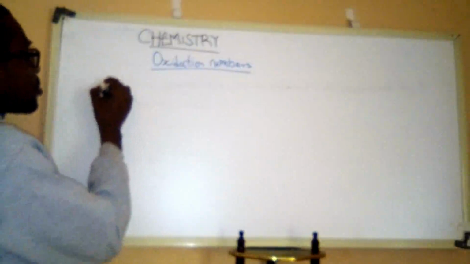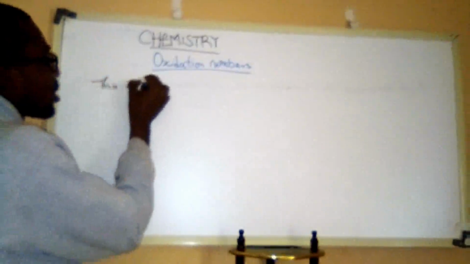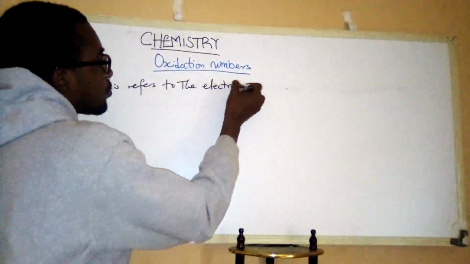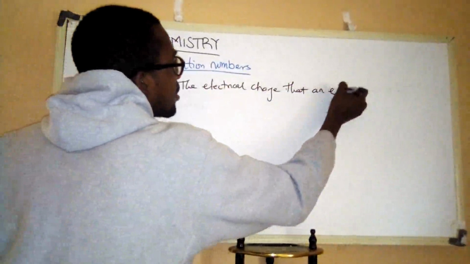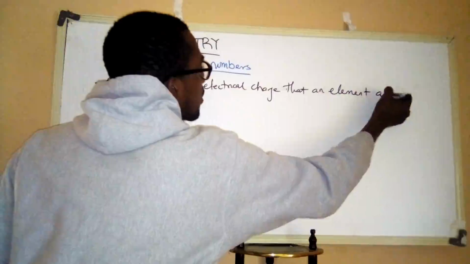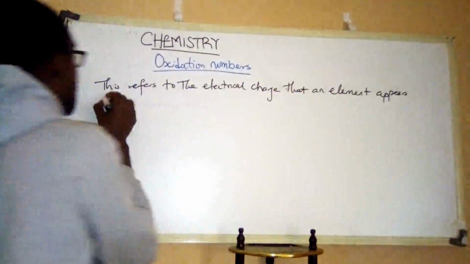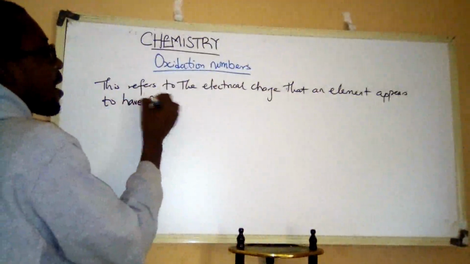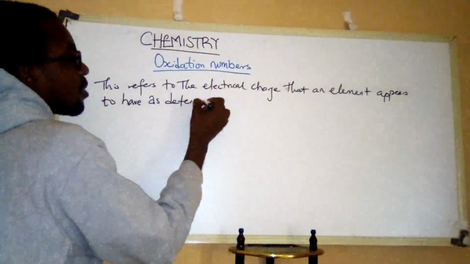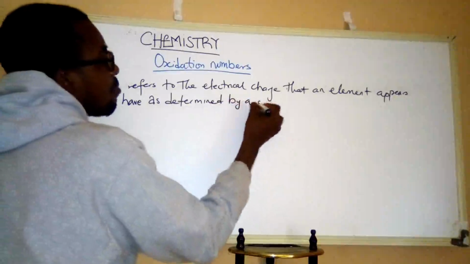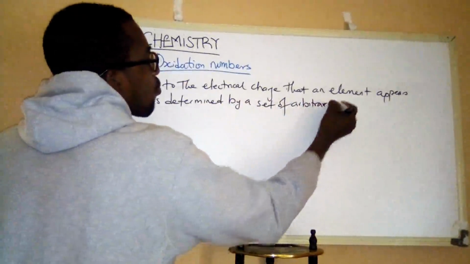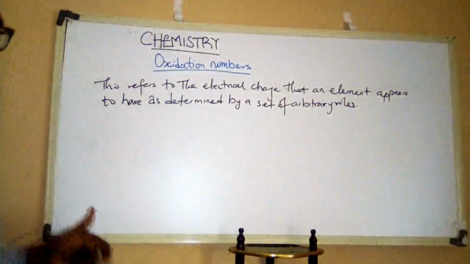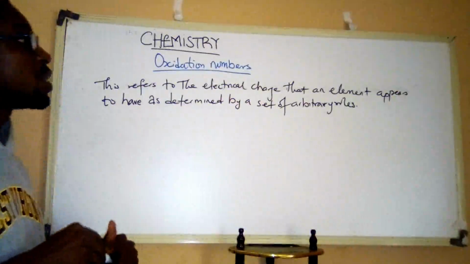Oxidation number refers to the electrical charge that an element appears to have as determined by a set of arbitrary rules. Now, this implies that there are certain rules you must know in order to deal with oxidation numbers.